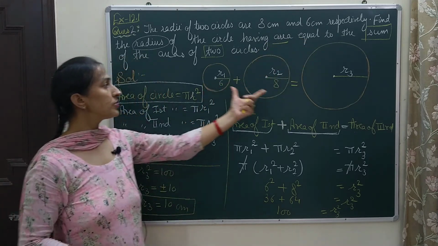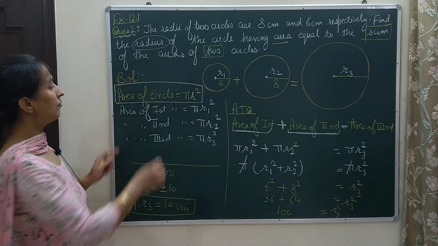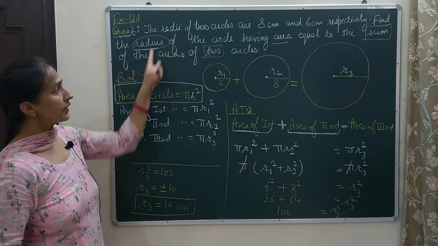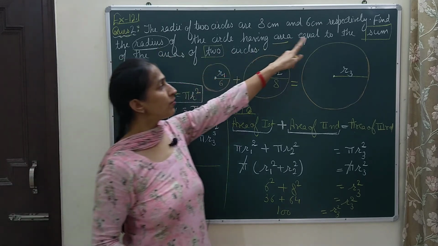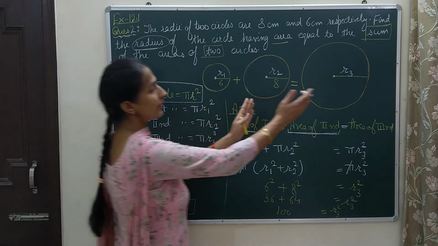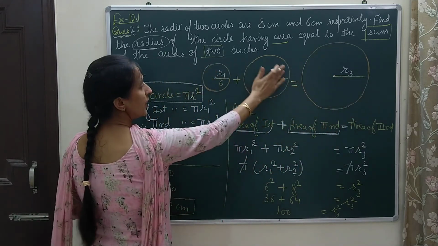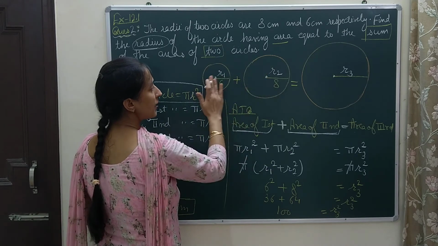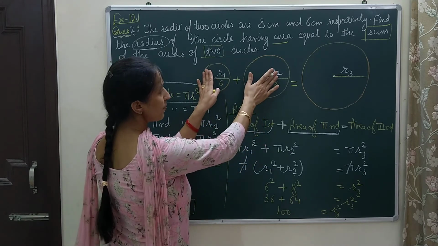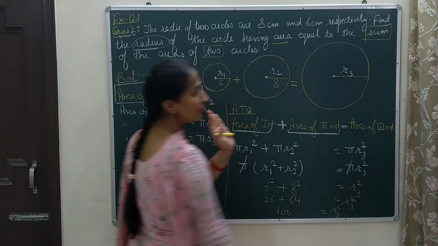I have drawn two circles with radius 6 and 8, and a third circle, for which I need the radius, having area equal to the sum of areas of both circles. I have drawn a bigger circle whose area is equal to the area of the two circles when I take their sum.